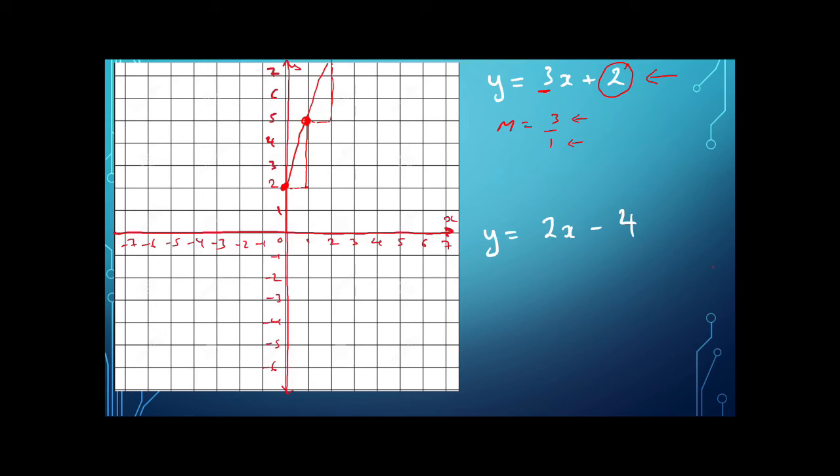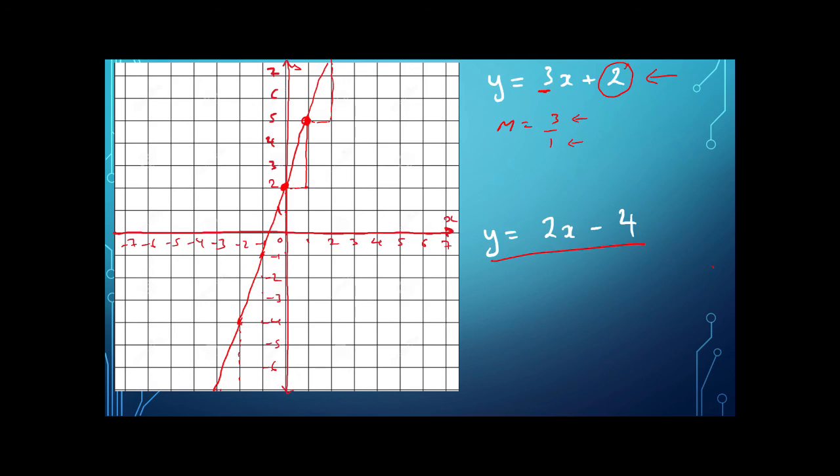Let's go from here. We're going to have to go 3 down, 1, 2, 3, and 1 down, like that. And let's continue, 3 down, 1 across, and again 3 down, and 1 across. And that is the line y is equal to 3x plus 2.